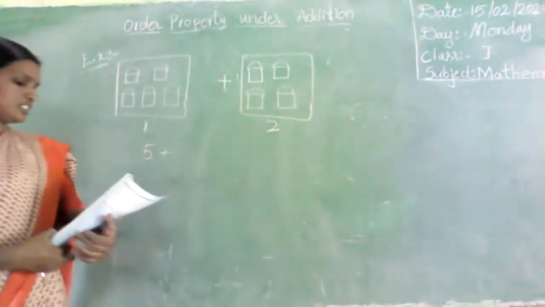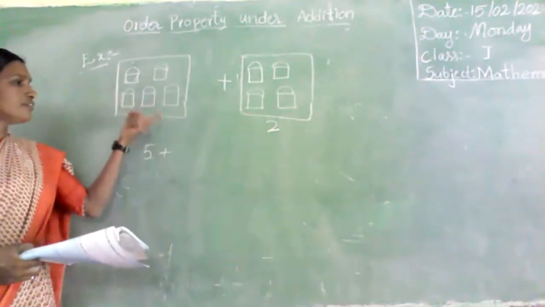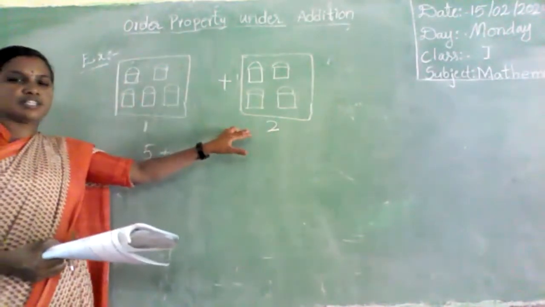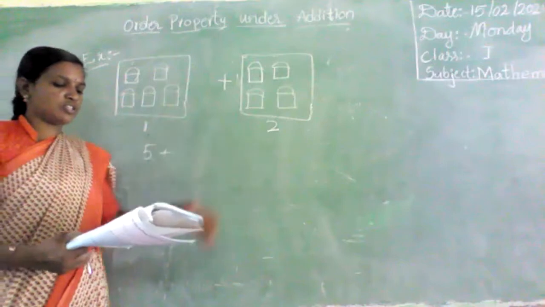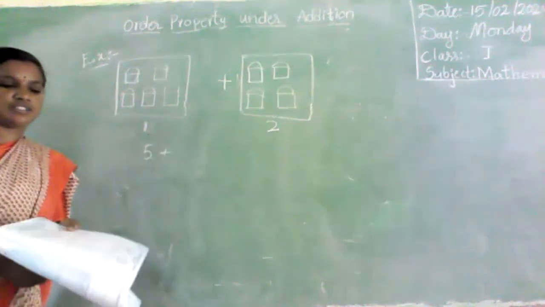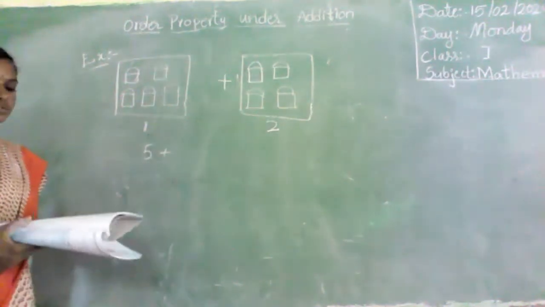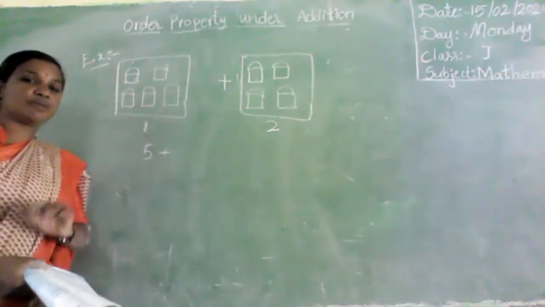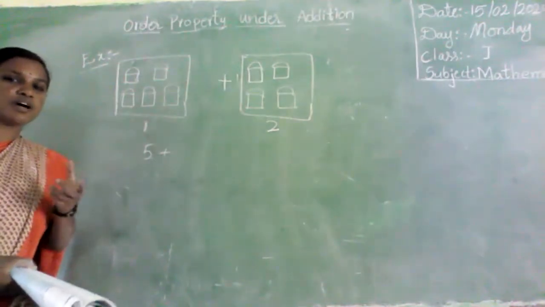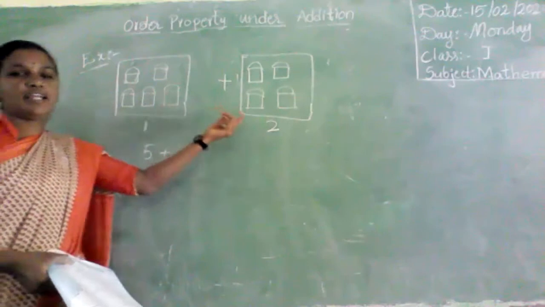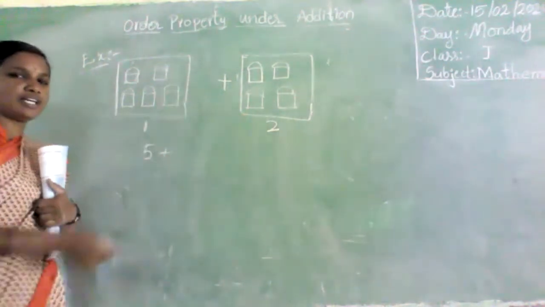See, children, in the first box there are 5 bags and in the second box there are 4 bags. So the total number of bags in both the boxes is equal to? Both boxes means box 1 and box 2. So total how many are there?